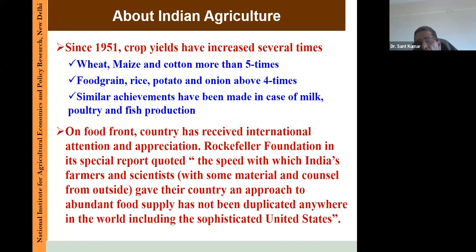On the food front, the country has received international attention and appreciation. The Rockefeller Foundation, in its special report, quoted the speed with which Indian farmers and scientists, with the use of some material and ideas from the outside, gave their country an approach to abundant food supply, which has not been duplicated anywhere in the world, including the United States.